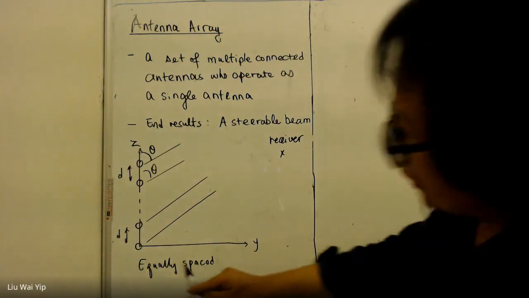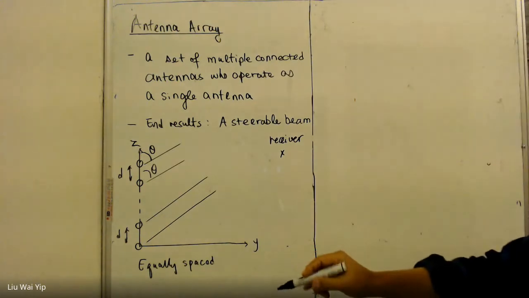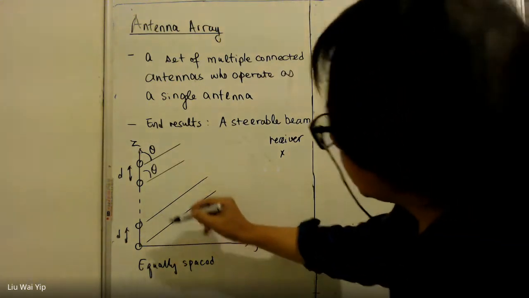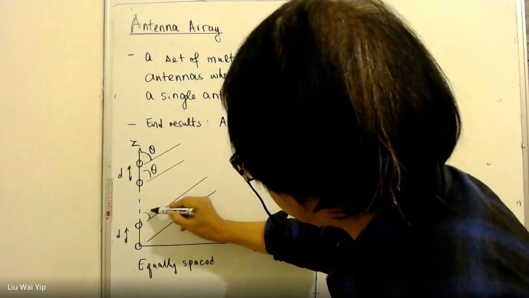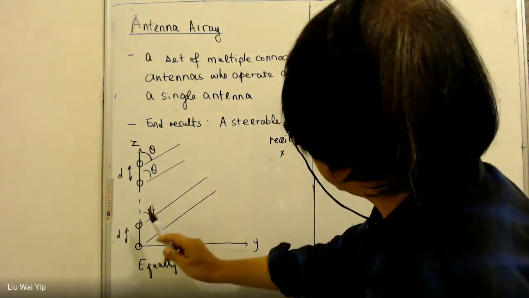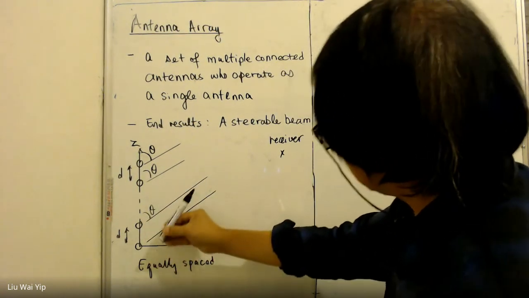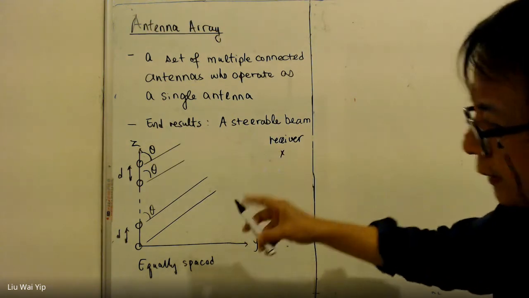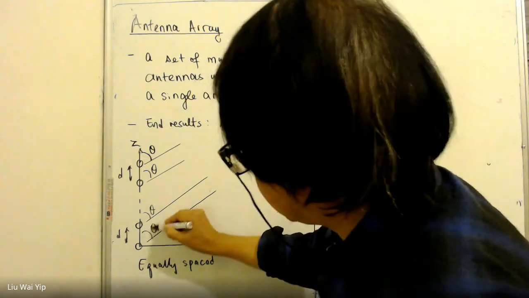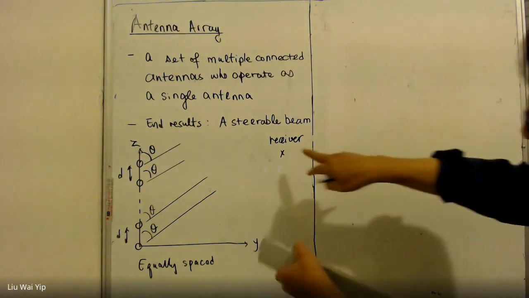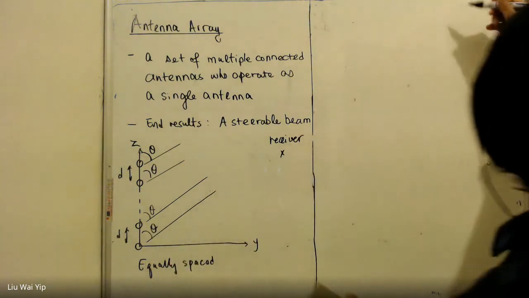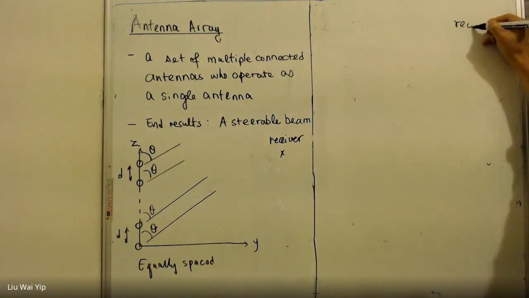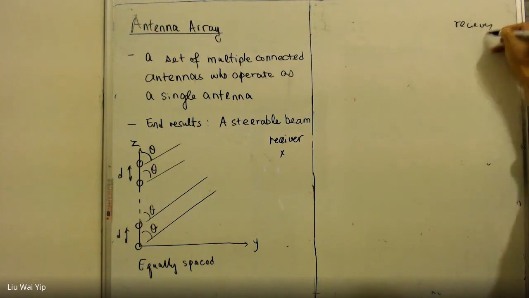And for the rest of the antennas along the antenna array, the direction with respect to this receiver will be the same because of the distance. The receiver may be somewhere here, very, very far.